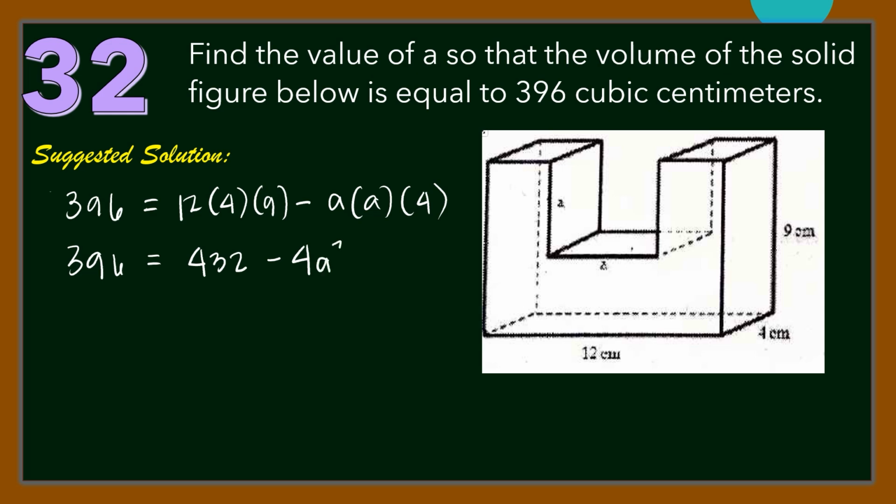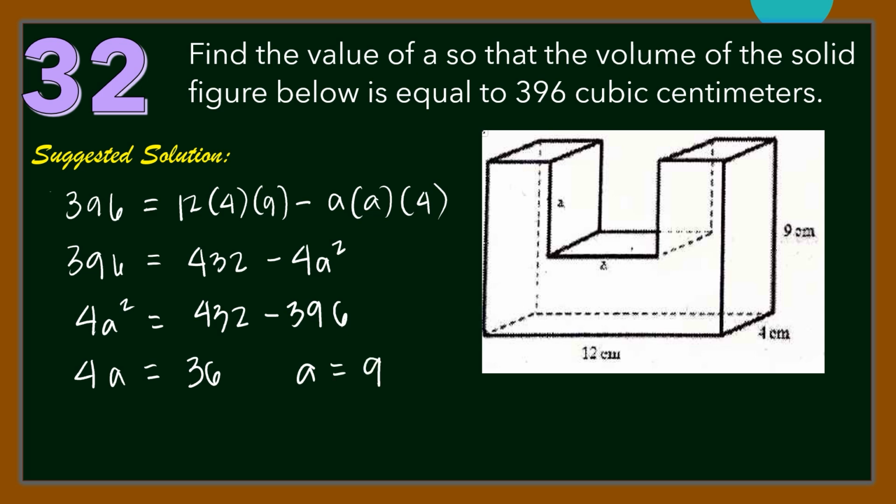Then we have 4a squared is equal to 432 minus 396. 432 minus 396 is 36. We divide both sides by 4 and get a squared is equal to 9. Then getting the square root of both sides, we'll get a is equal to 3.